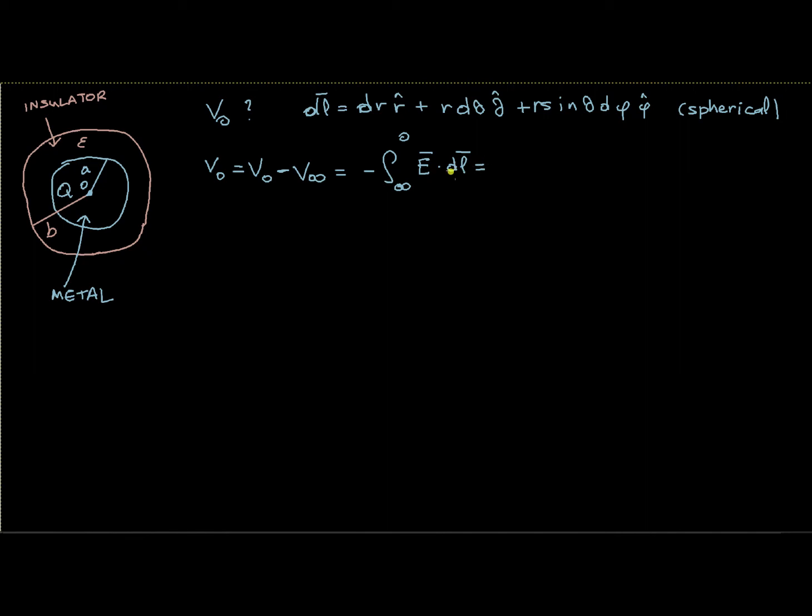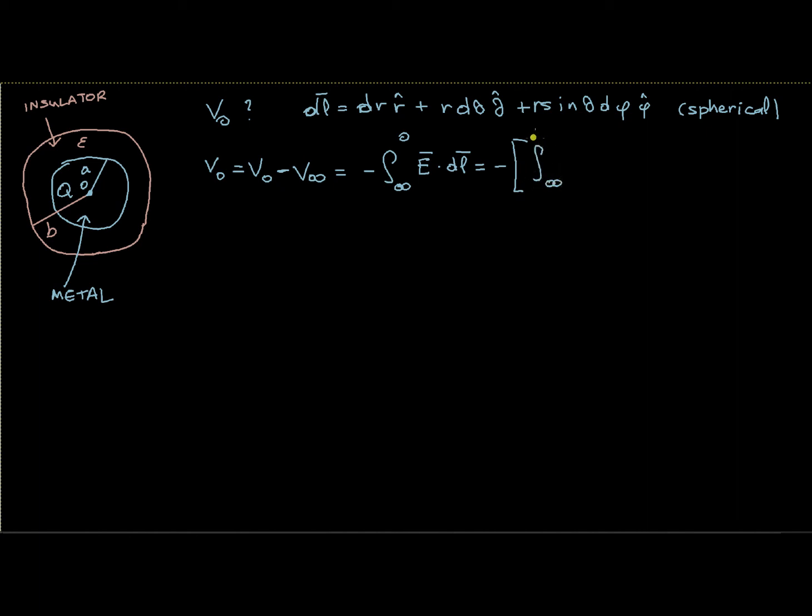Now, starting from infinity and going to the center, I'm going to pass through three areas: the area outside the insulator, the area where the insulator is, and the sphere. So I will break this integral into three pieces.